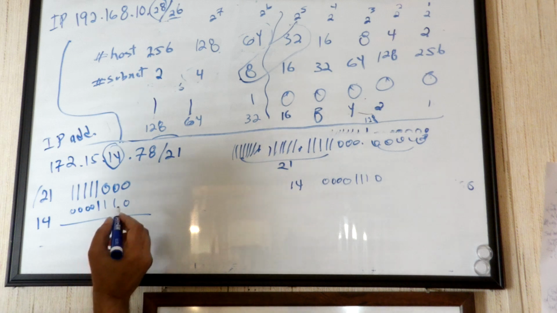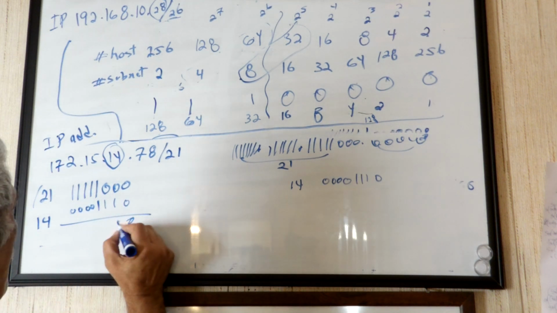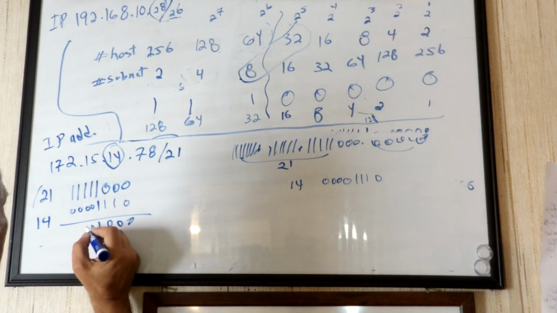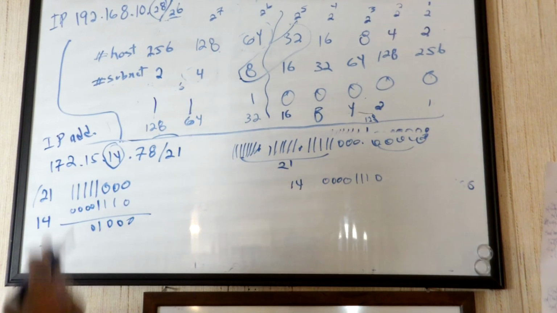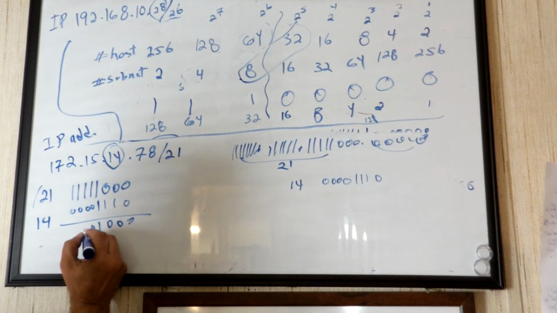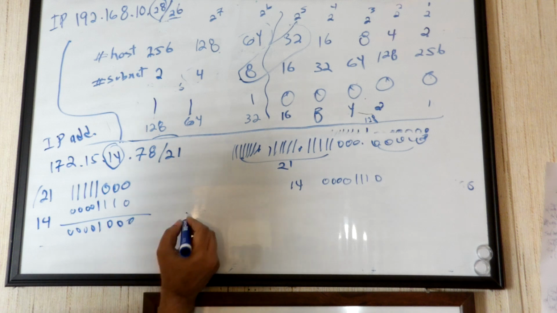Then we put this together: 0 0 0 0 1 0 1 0 0 0, and the rest will be zeros. So this is the network ID.